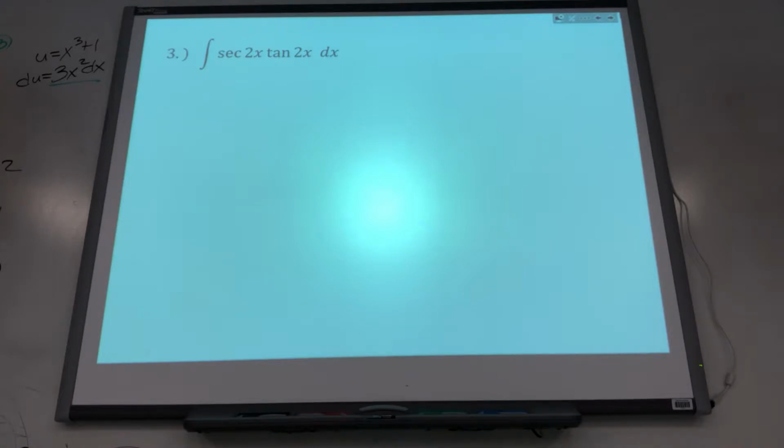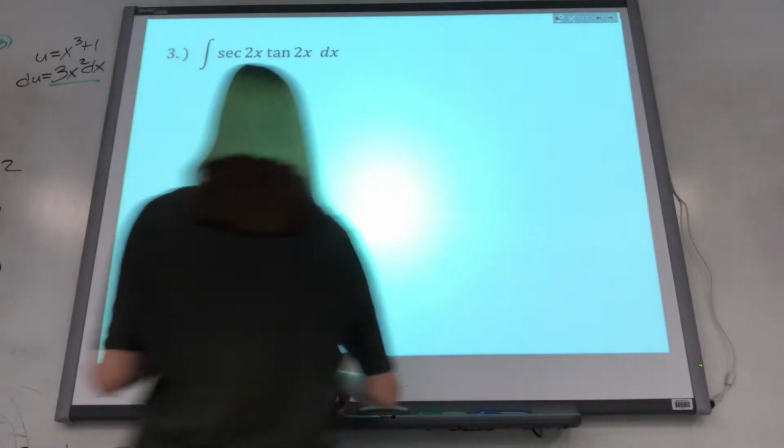Again, this lesson is a lot nicer, I think, than the one with the chain rule. That was a little tricky. But number 3, the integral of the secant of 2x times the tangent of 2x dx.